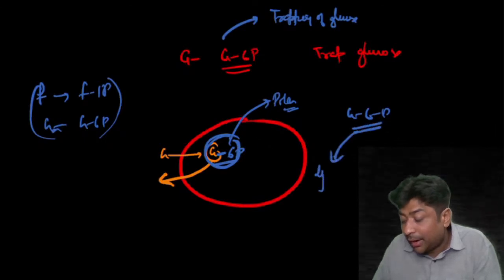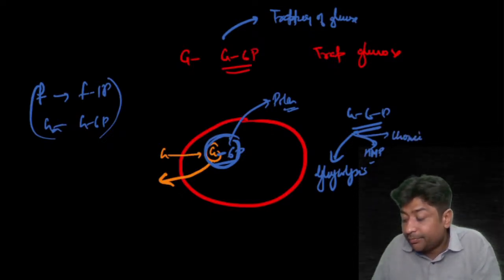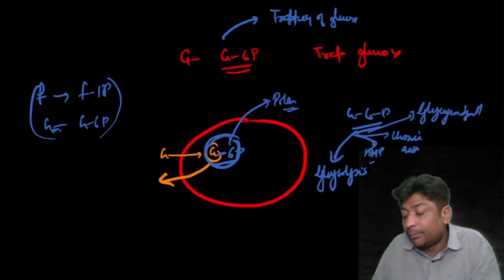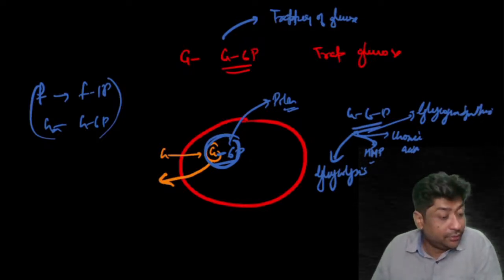The most important pathway being glycolysis. Then the next important pathway is the HMP shunt, where almost 5-10% of glucose goes. Then the uronic acid pathway. Next is your glycogen synthesis. So these are the important pathways which your glucose 6-phosphate can enter.